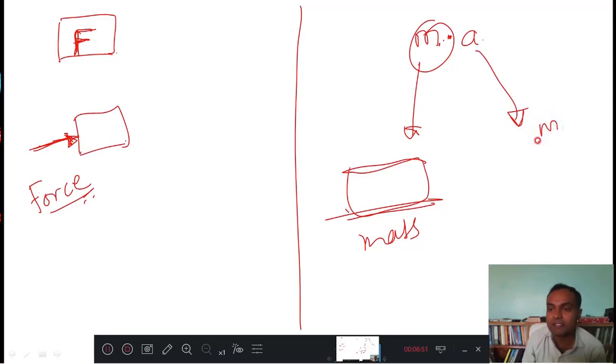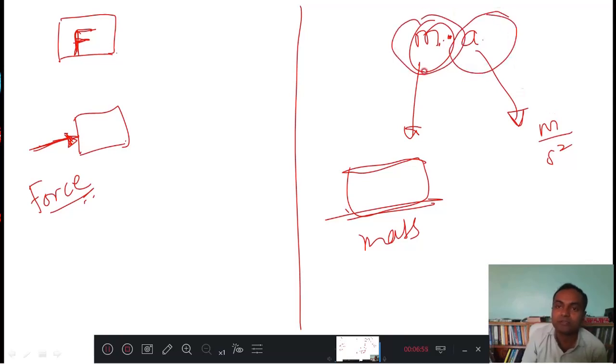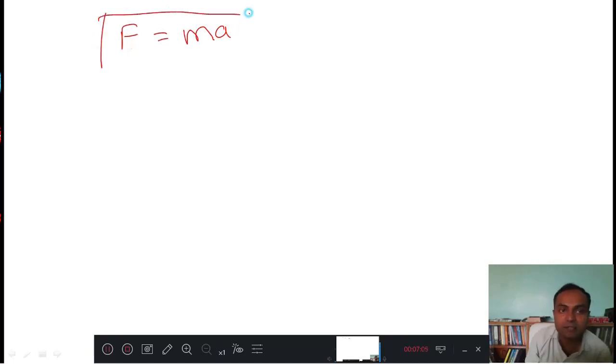You know these individually. But Newton came and established the equation F equals ma. This is called similitude.